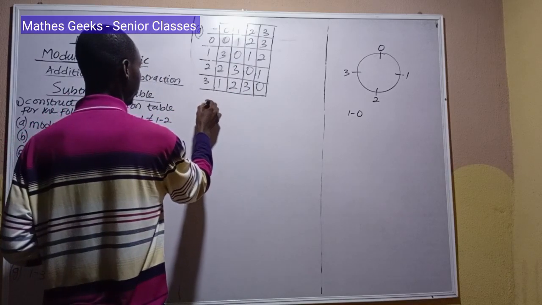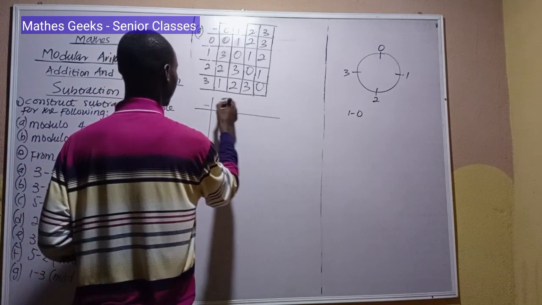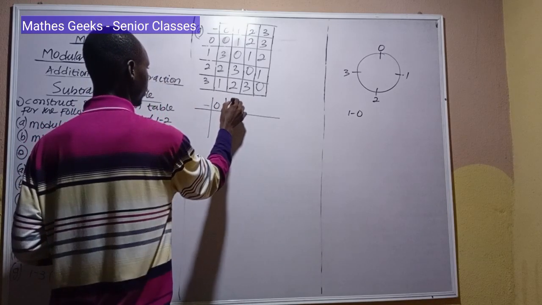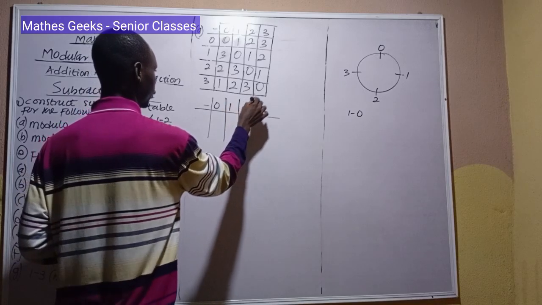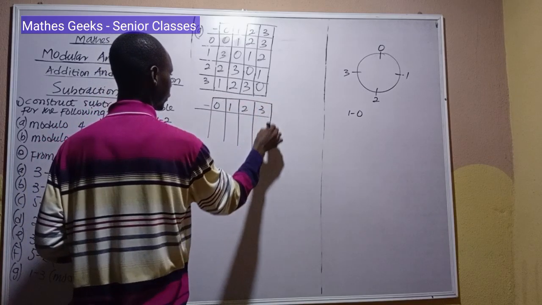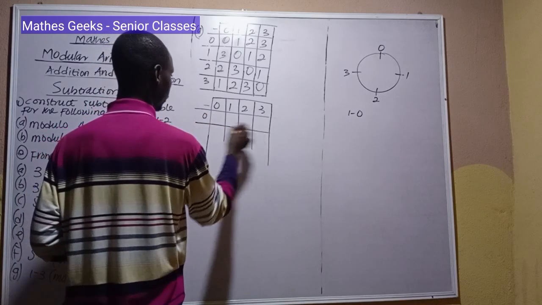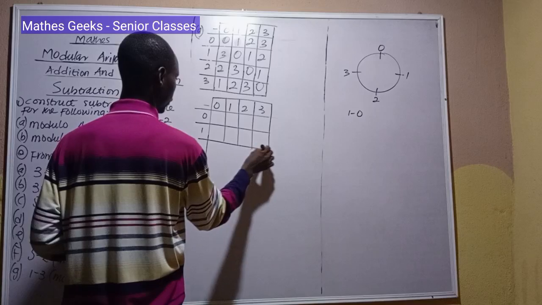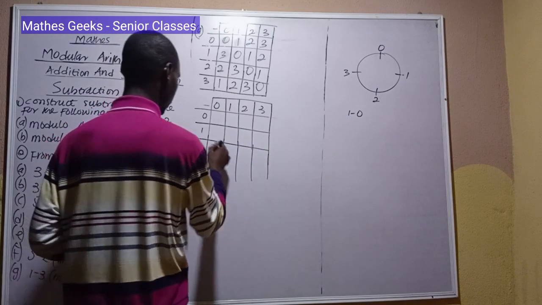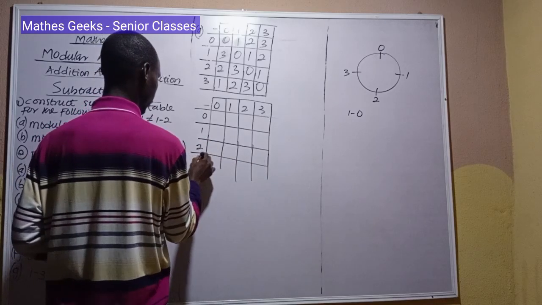The next variant would be minus, with 0, 1, 2, 3 across and 0, 1, 2, 3 down.